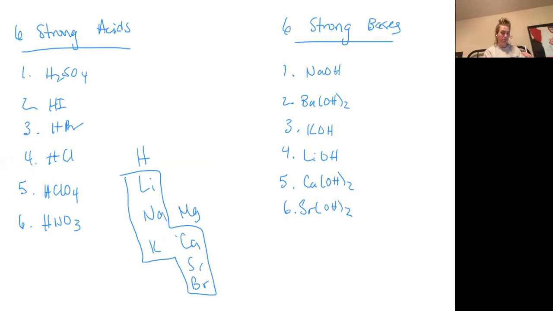So lithium, sodium, potassium, and then go over and go 3 down as well. So that's how you remember your 6 strong bases. And then your 6 strong acids, you kind of just have to know a little bit more. Okay, any questions? Those are the ones that you have to know that she might ask you for. So just want to make sure we all are comfortable with this.